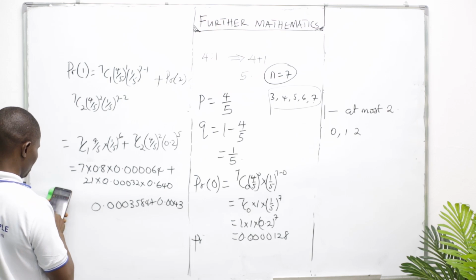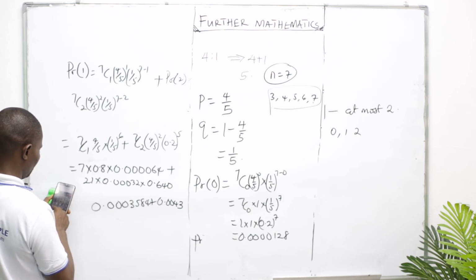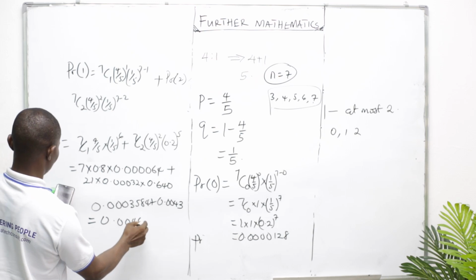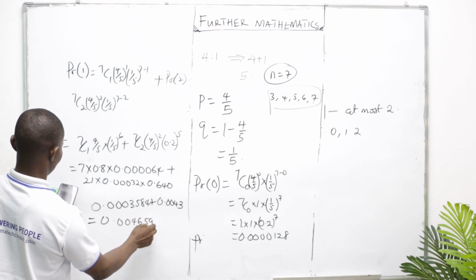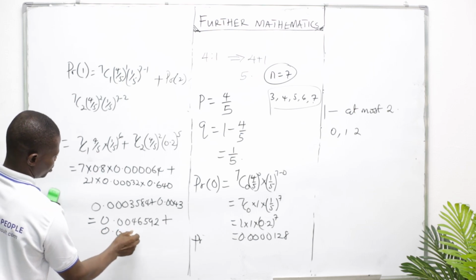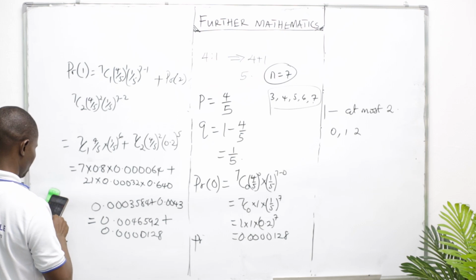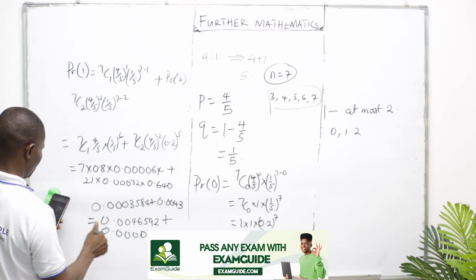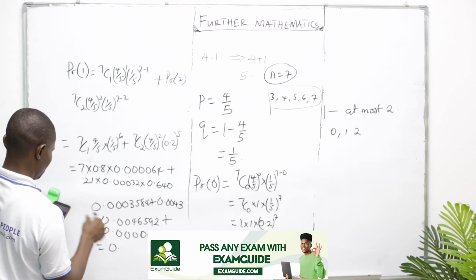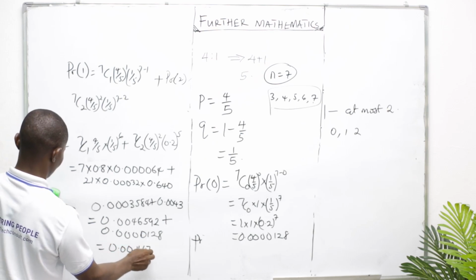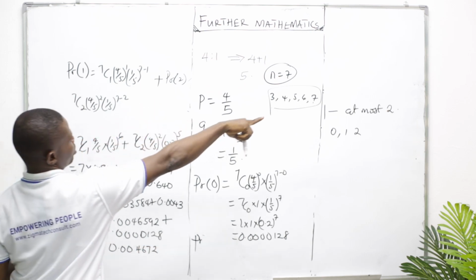Then plus 0.0003584, 0.0046592, plus the first one, 0.000128, equals 0.0047872. Remember I said 1 minus at most 2.